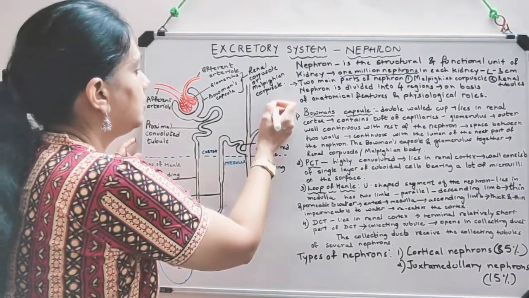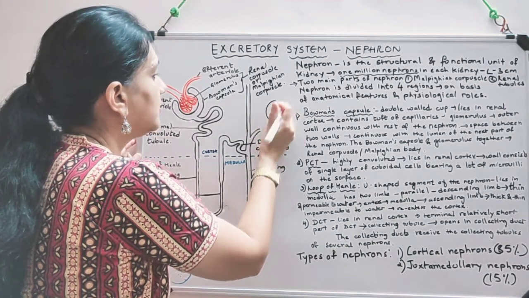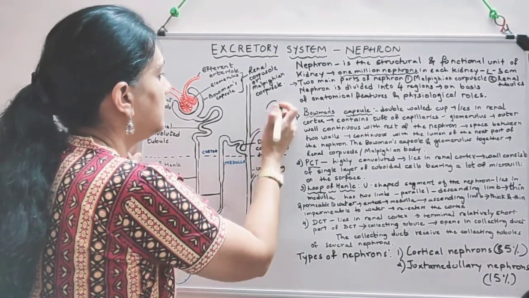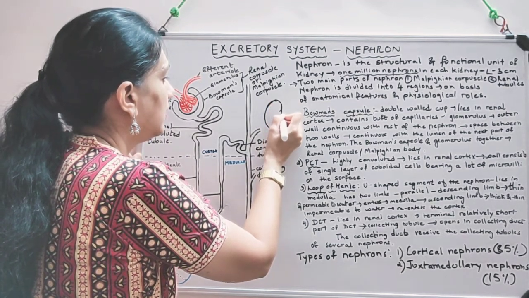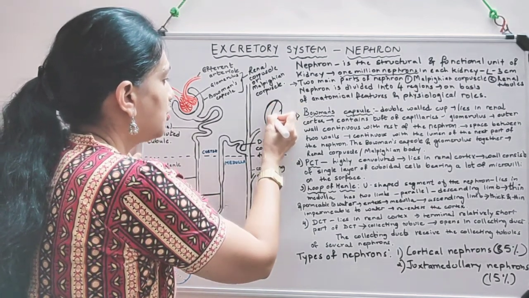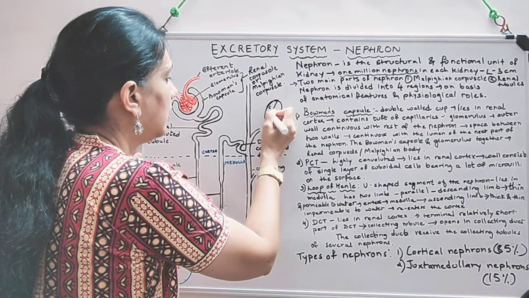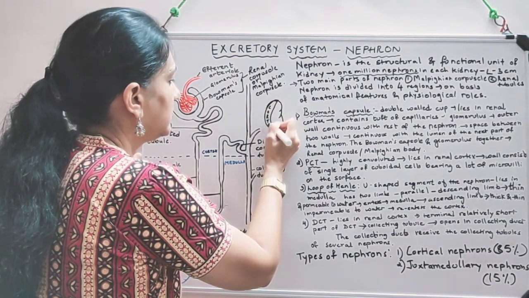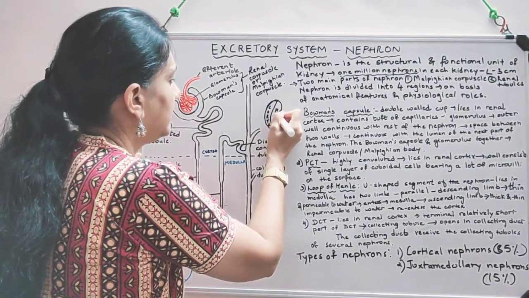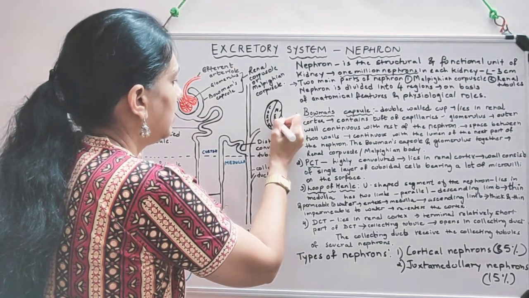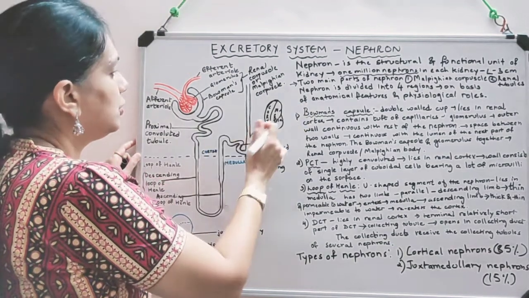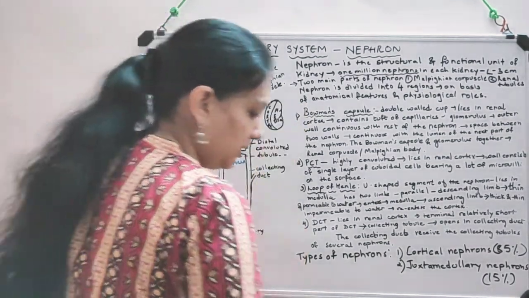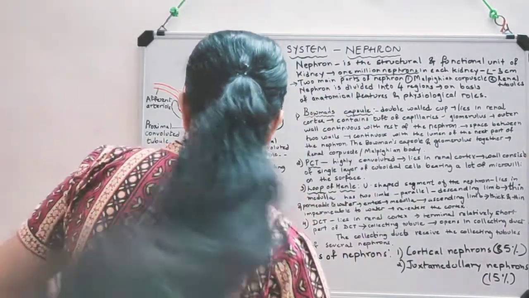Now I had told you previously, if I draw a small structure of kidney over here, the outer portion is called cortex, and this portion is the medulla. So the nephrons are drawn over here.